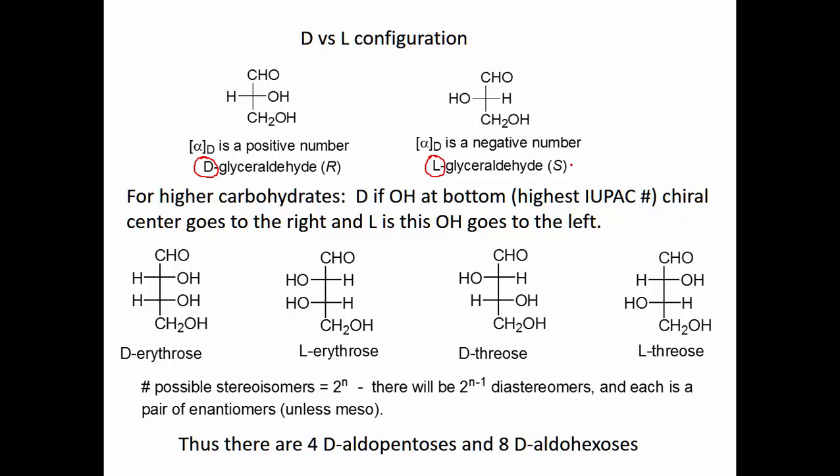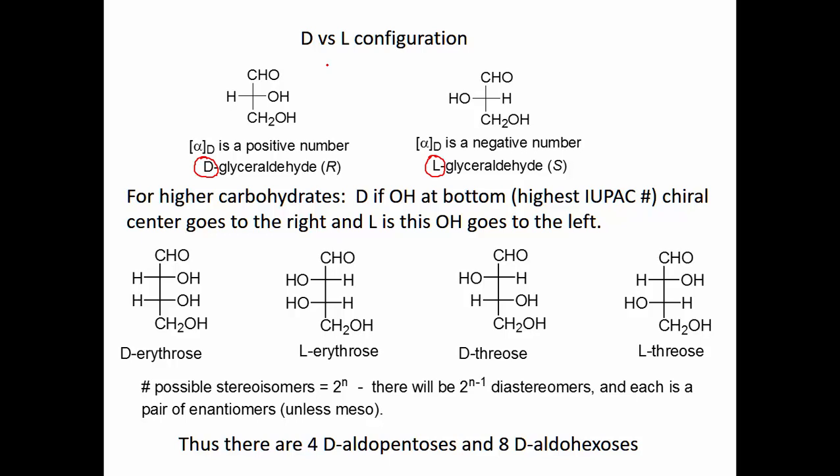Every larger carbohydrate originates from this simple molecule here, glyceraldehyde. It's the observations in glyceraldehyde that define D and L for the higher carbohydrates. Notice that this is capital D and capital L. It's not meant to imply the rotation.